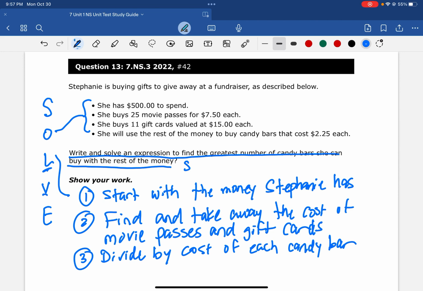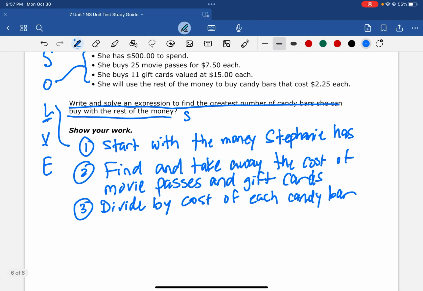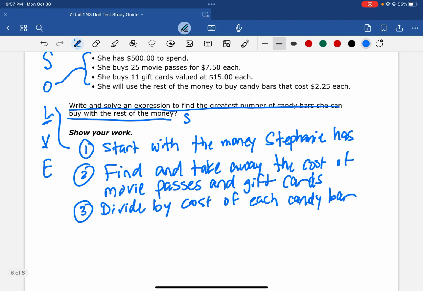Let's set up this expression where we're doing everything we just said. So let's change colors. We're going to start with $500. So that's going to be 500. And then we're going to find and take away the cost of the movie passes. Now, remember that the movie passes, there's 25 and they cost $7.50 each.